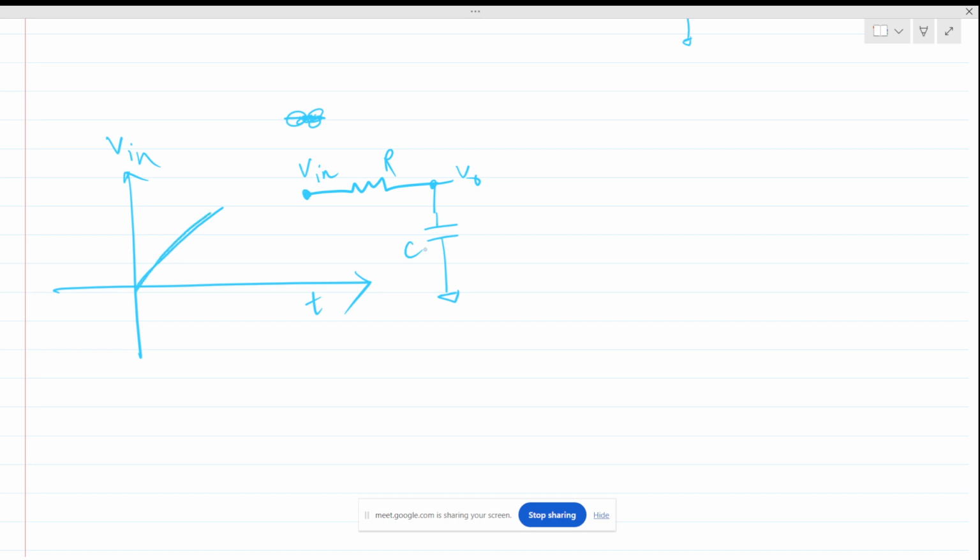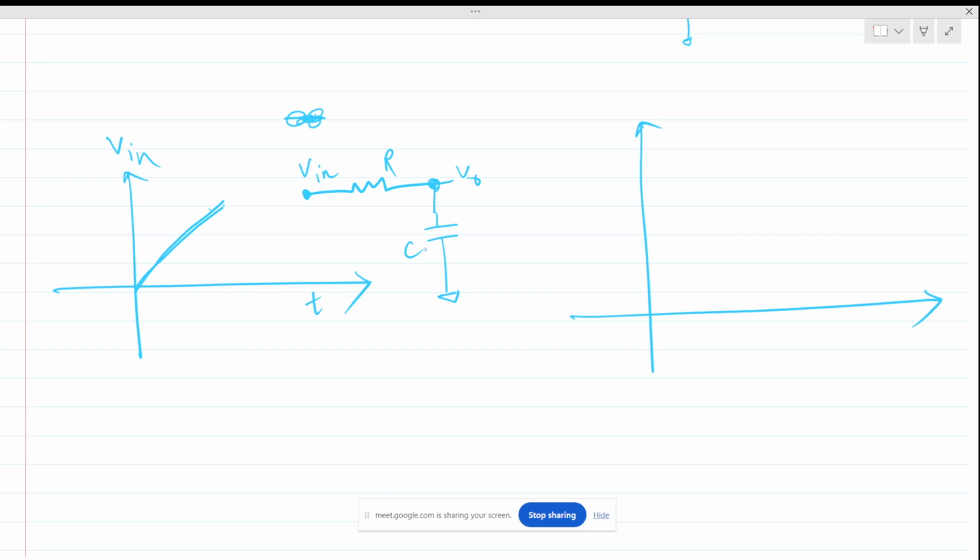What is the input here? This is a ramp input. We have a ramp input and we have to make the output plot versus time. Then again, there is no constant current flowing.